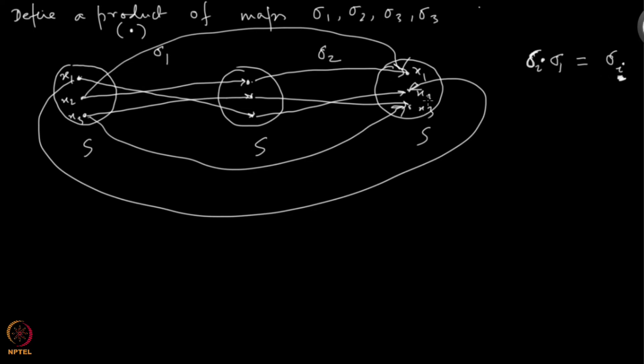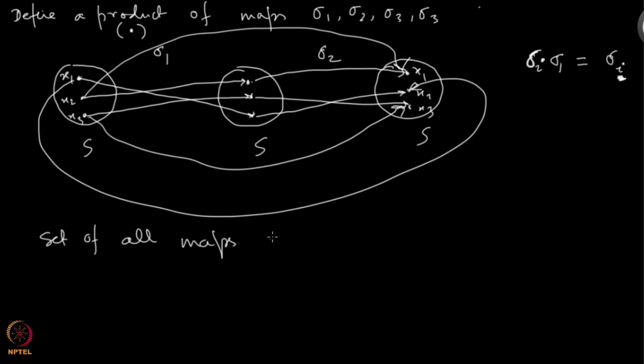So, you see that if you are looking at all the maps defined on this set which are 1 to 1 and onto, then that set of maps is closed under this multiplication. Now I am not talking about the set S, I am saying the set of all maps.